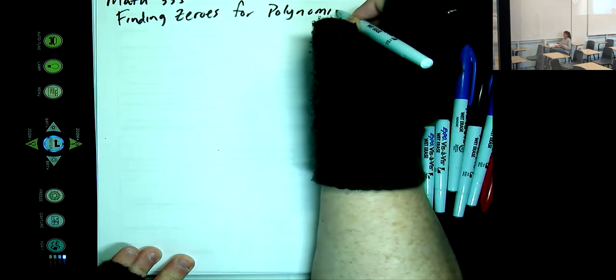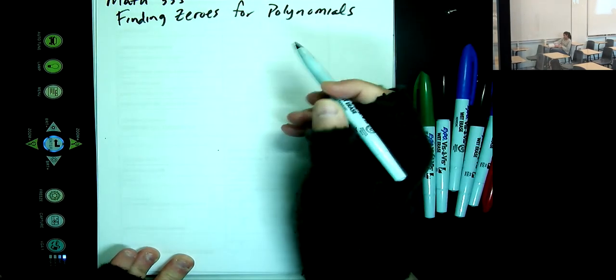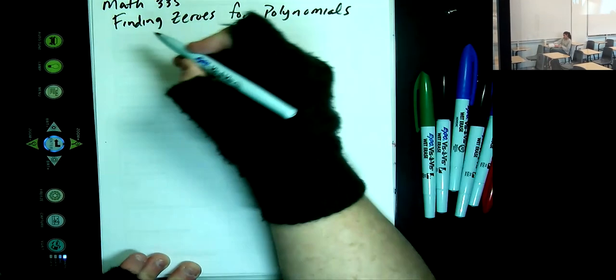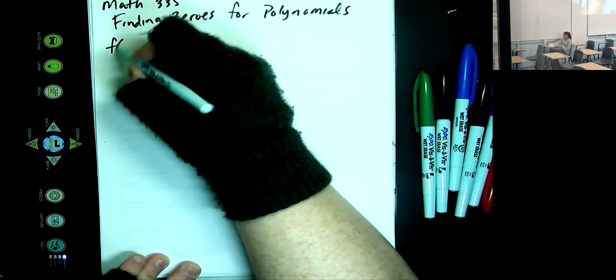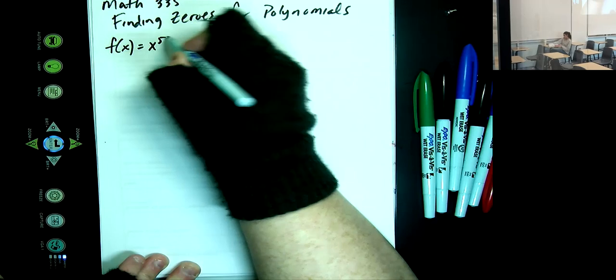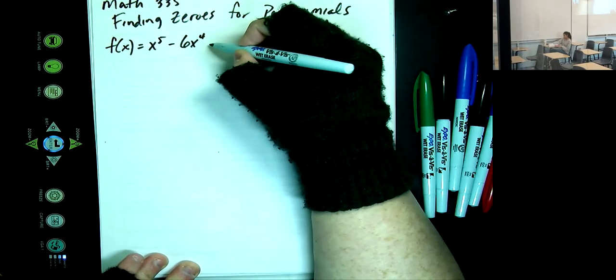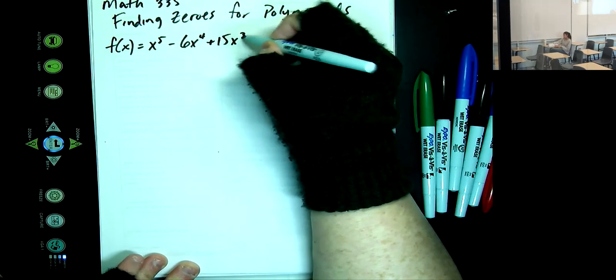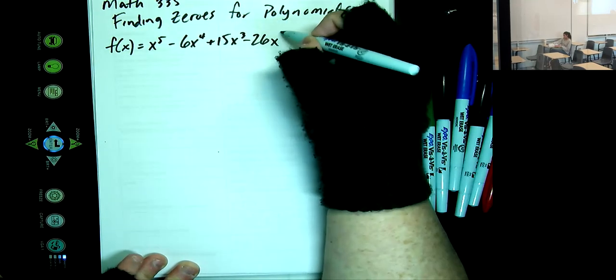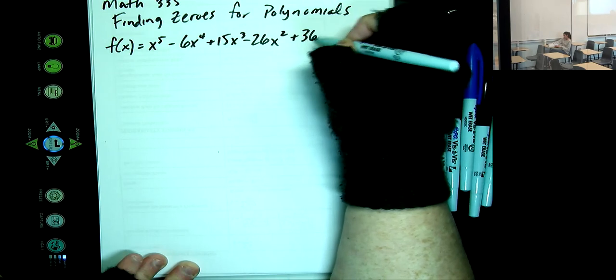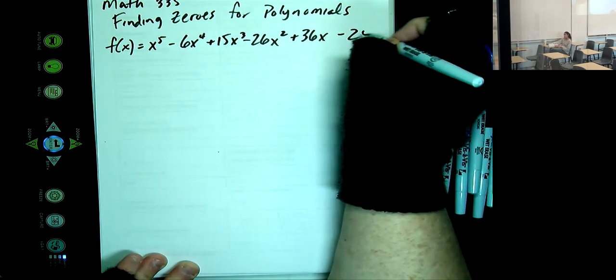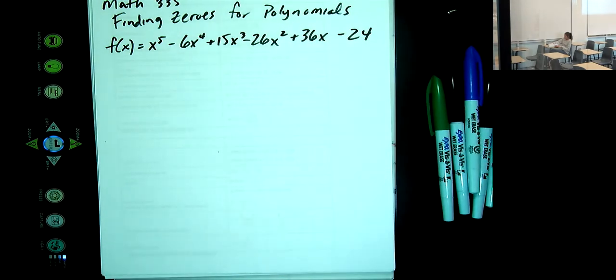So let's practice using them. Let's go with f of x equals x to the fifth minus 6x to the fourth plus 15x cubed minus 26x squared plus 36x minus 24. That's a lot of numbers, isn't it?